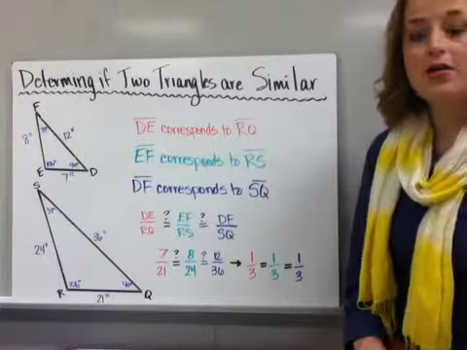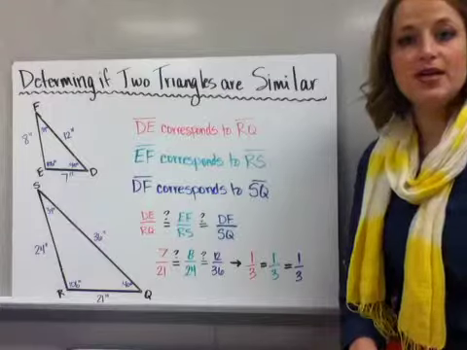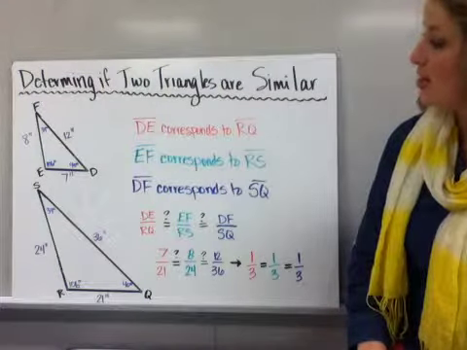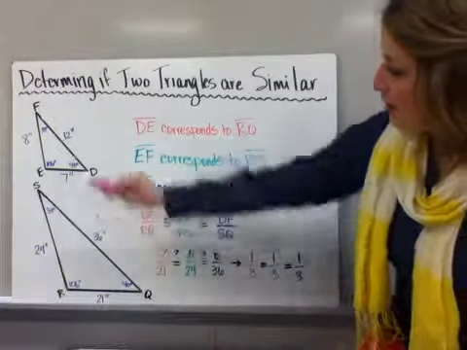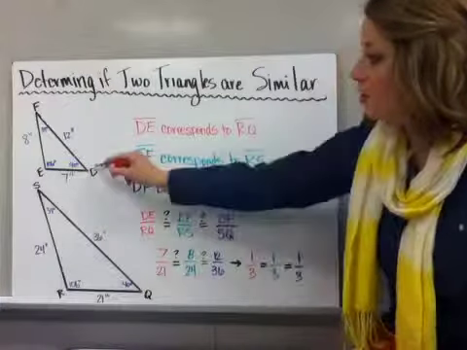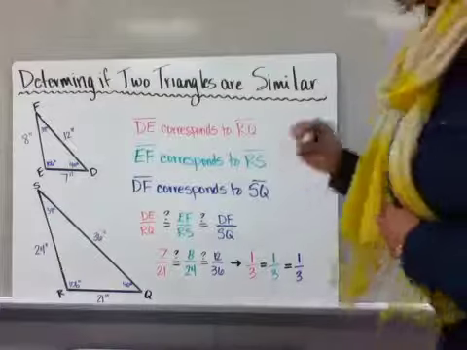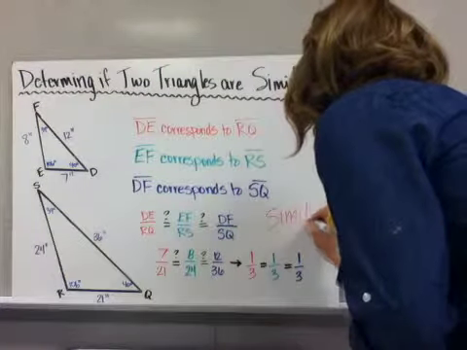So we can conclude that their corresponding sides are proportional, but if you remember from the previous board, that's just one of the characteristics. We also need to check to make sure that their angles are congruent. 34 and 34 are congruent, 106 and 106 are congruent, 40 and 40 are congruent. So we can say with confidence that these two triangles are similar.